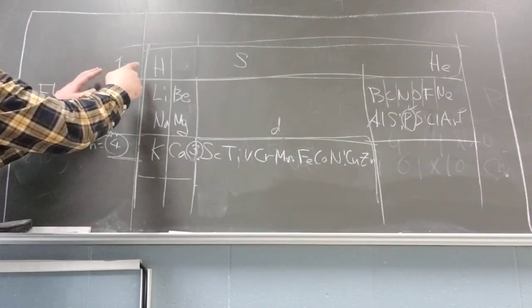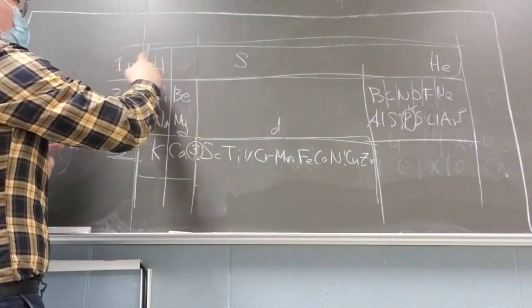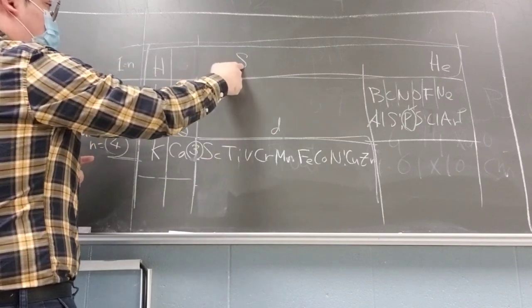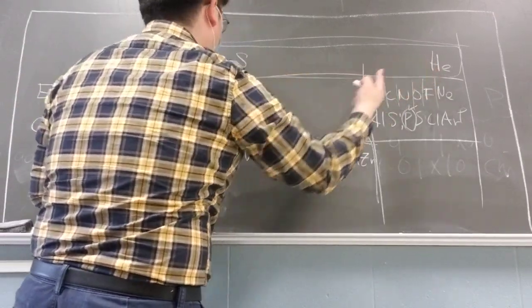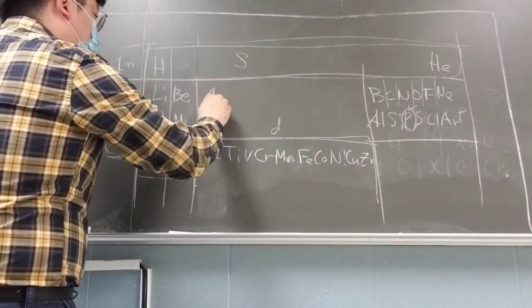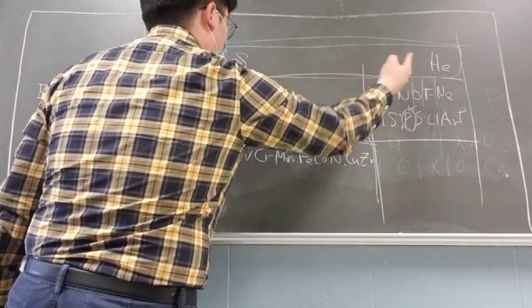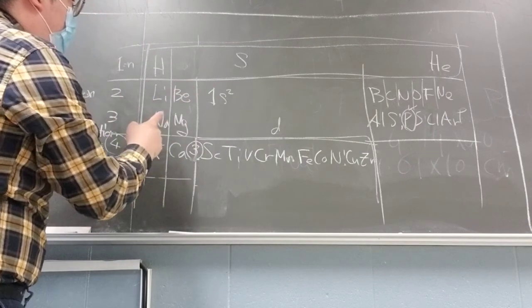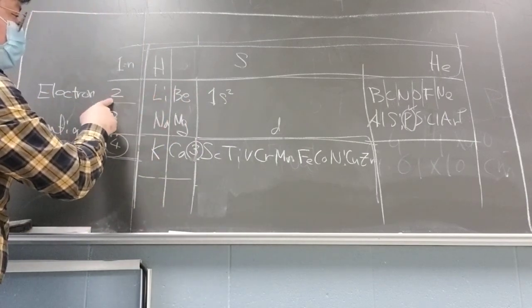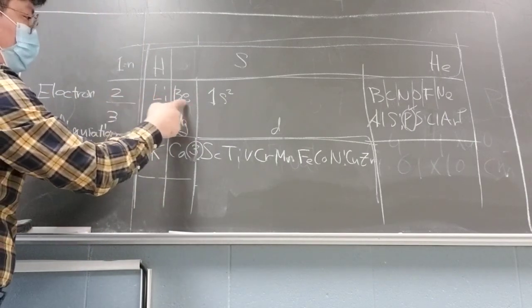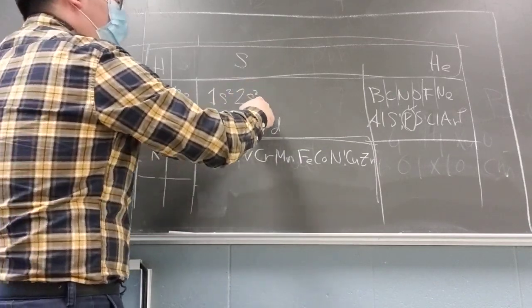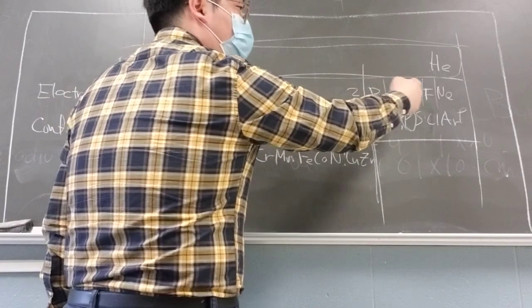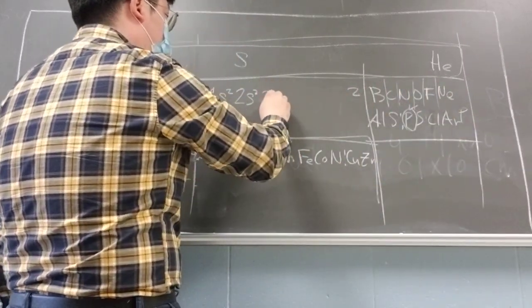I'm going to count the electrons from here. So it'll be 1s1, 1s2. Then the second row is the 2s block, 2s1, 2s2. Now this is the second row in the p orbital, so it'll be 2p.